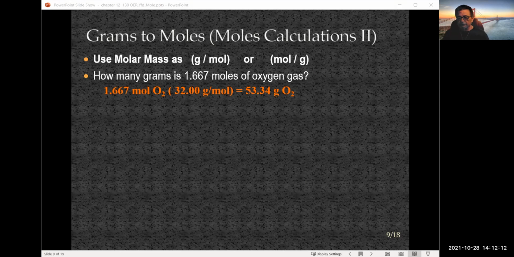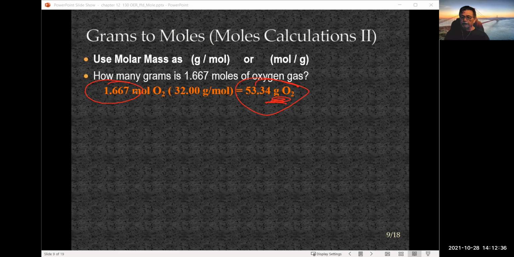All right. So what does this tell you? That if you weigh out 53.34 grams of oxygen gas, it would correspond to 1.667 moles of oxygen.